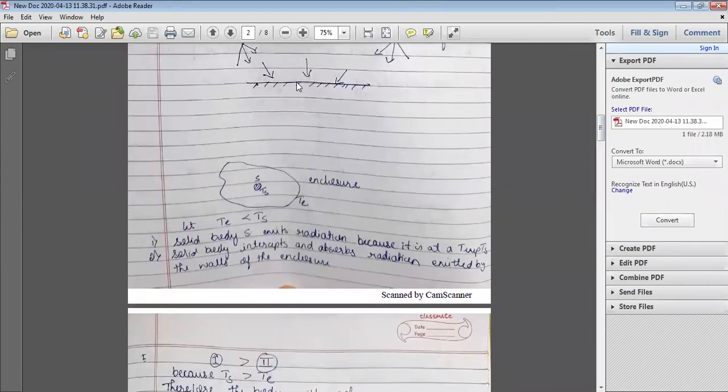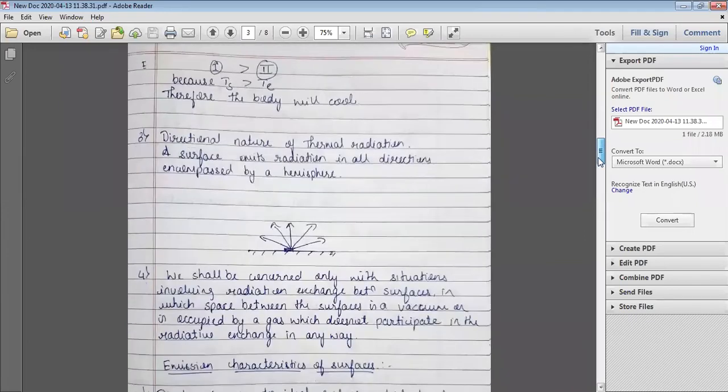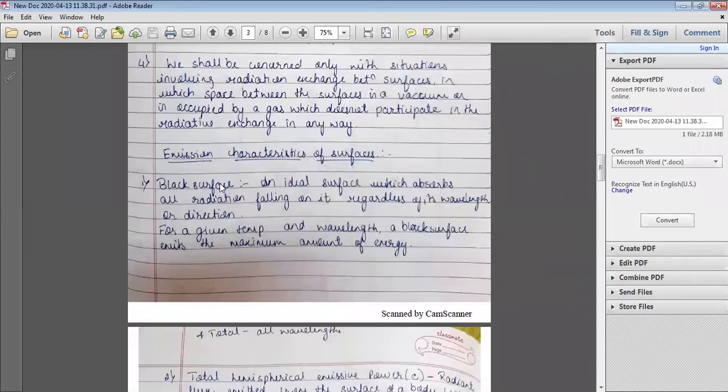If I consider a particular wavelength and a certain temperature, it emits the maximum energy within the surface. So that type of surface, we call a black surface. That is my first point here.